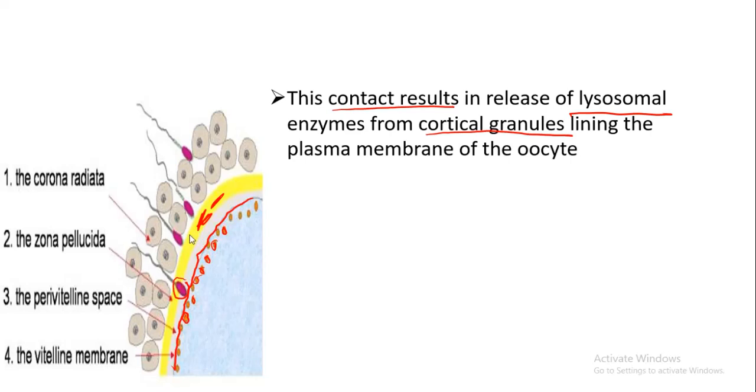So what's causing this zona pellucida to be impermeable is these lysosomal enzymes which have been released from the cortical granules. Once these lysosomal enzymes are produced, this zona pellucida will become impermeable.